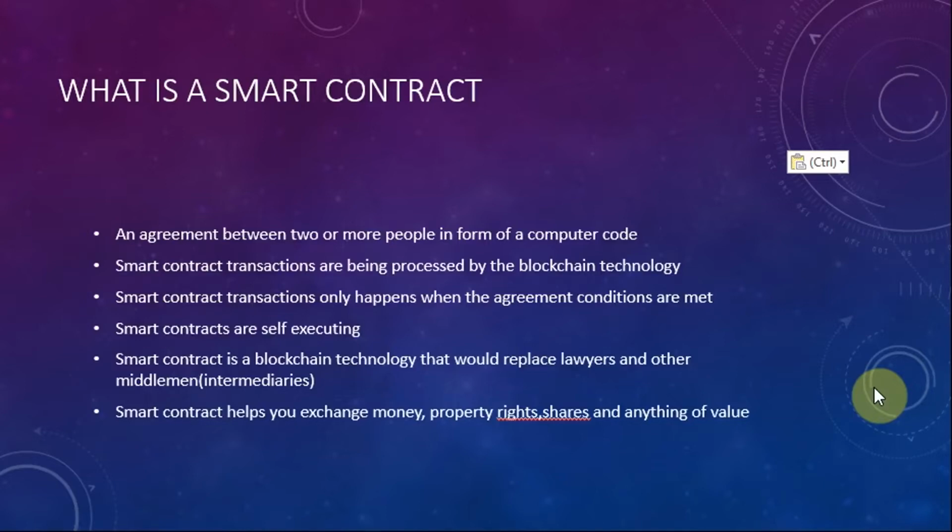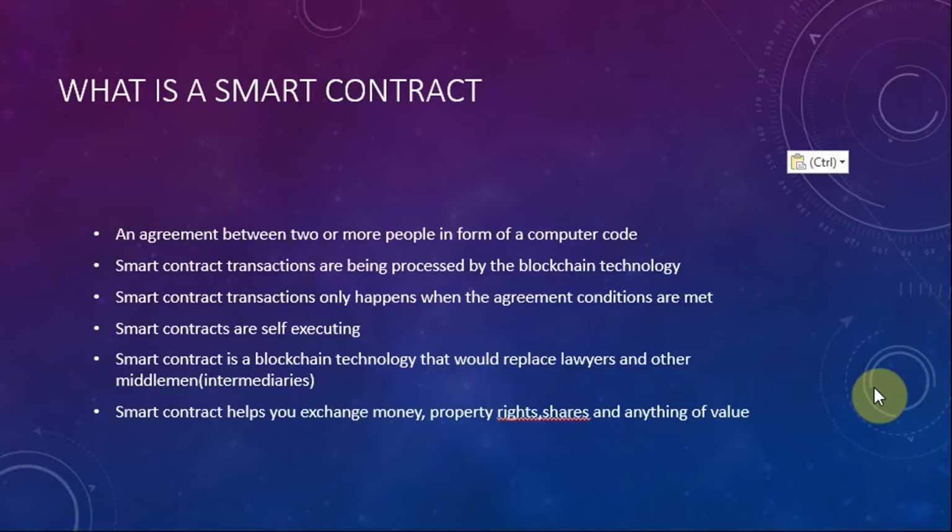Like I said in the beginning, you're going into a business venture. Of course, you need a lawyer, you need an accountant, you need a lot of middlemen to check and balance all the necessary requirements that you will need to go into a business venture with someone.